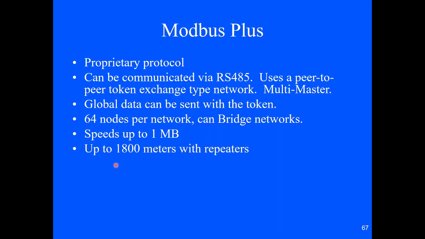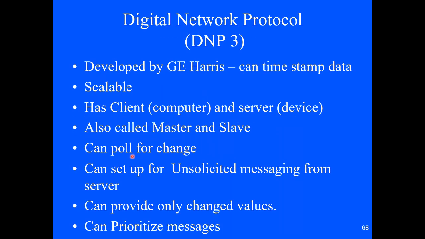Modbus was designed by Modicon, so that's where the name comes from. This is a proprietary protocol. It also uses 485, but it uses a pure token. So instead of just having one master, it can pass the token and anybody can be the master. It goes faster, it goes up to megabits, and I can go 1,800 feet without repeaters.